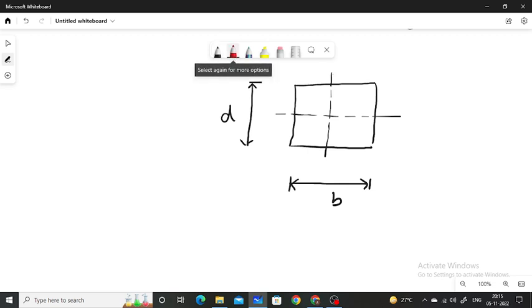The load is eccentric only along the x-axis.